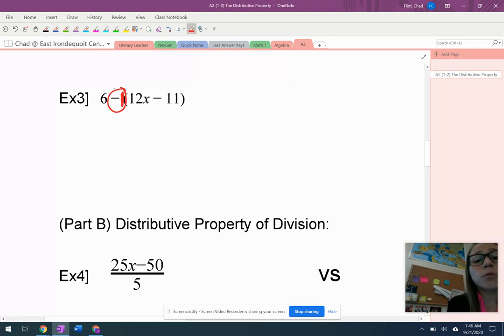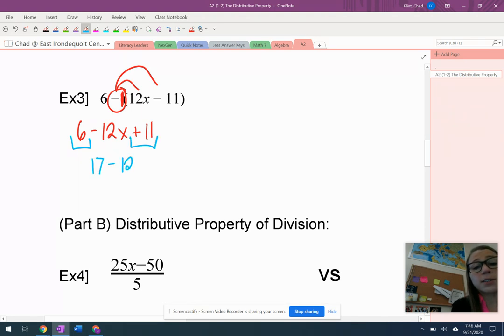So -1 times 12x, and again, I'm just going to bring that 6 down. -1 times 12x is a -12x, and -1 times -11 is a positive 11. Here, I actually do have some like terms. 6 and that positive 11 gives me 17 minus 12x as a final simplified answer.